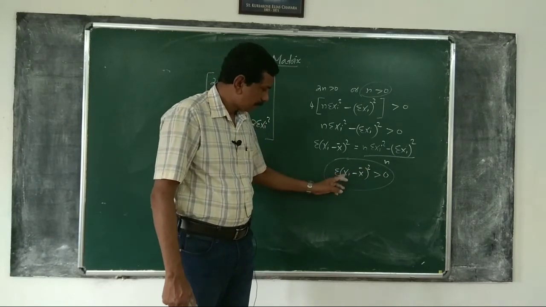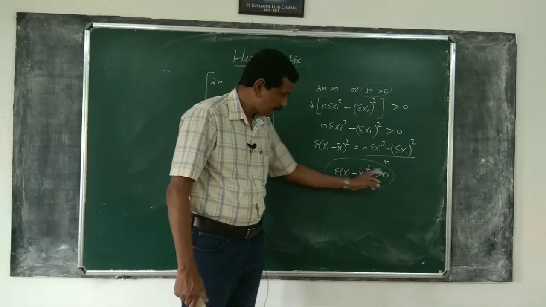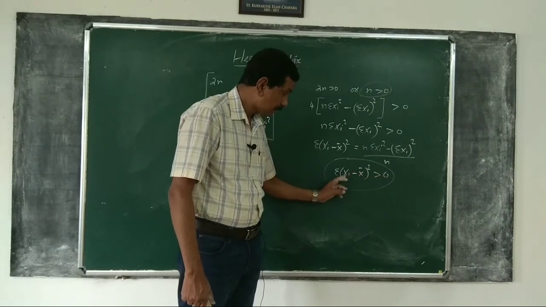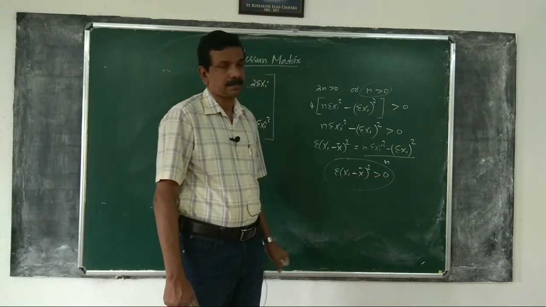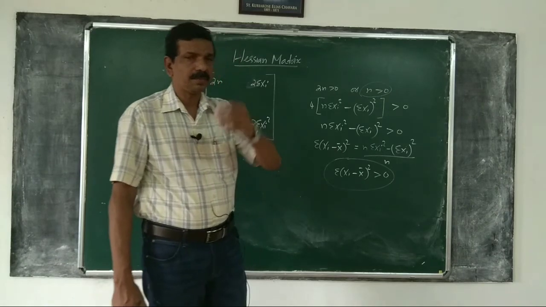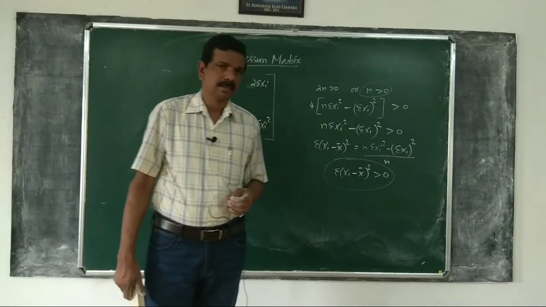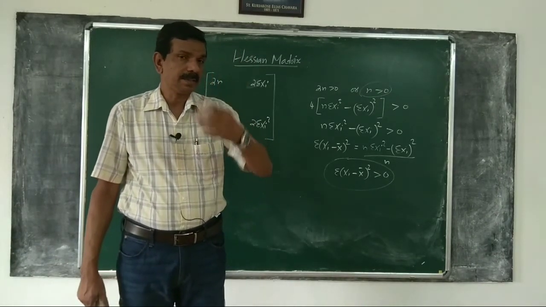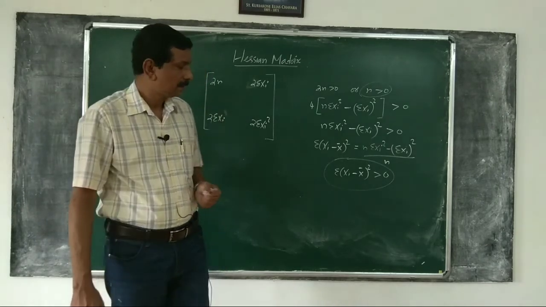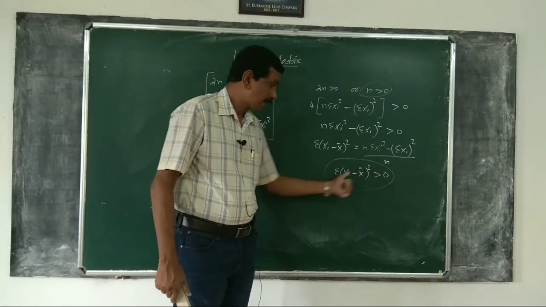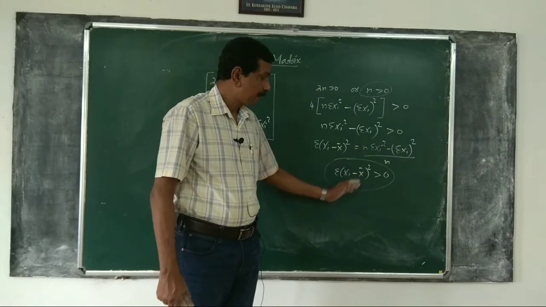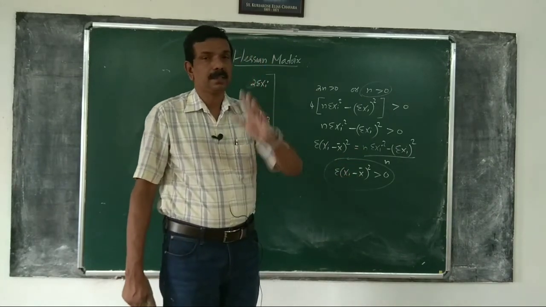Remember, this is equal to 0 if all the x values are equal to x bar, that means if there is no variability in x. So the second requirement is that there will be some variability in x.